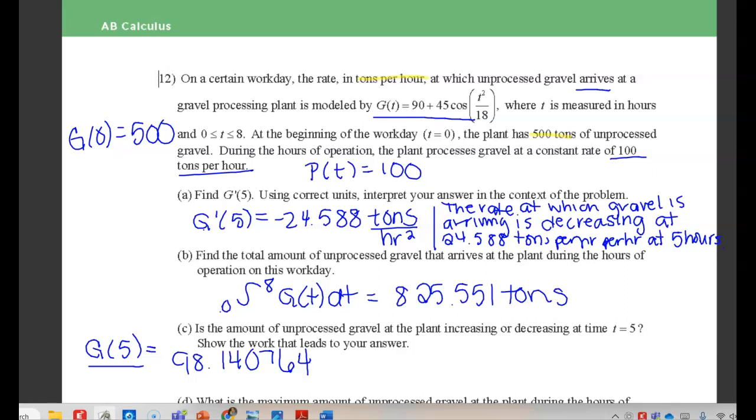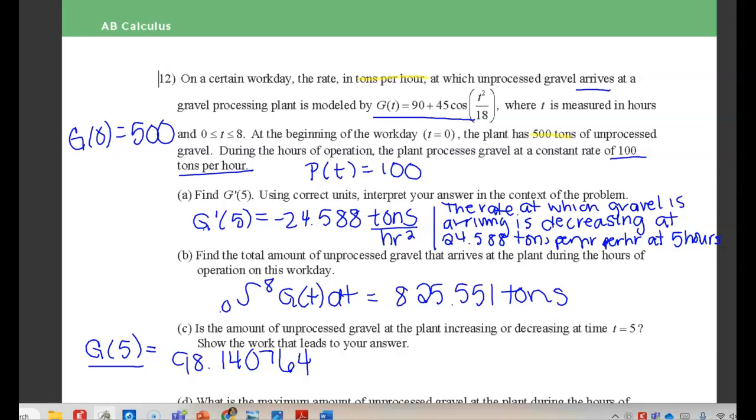So we're going to talk about the 100 now. Because what does the 100 represent? The 100 represents the plant processing rate. So is my 98.140 less than or greater than 100?